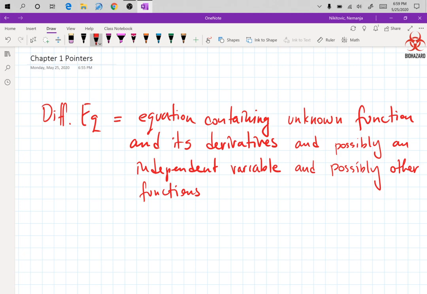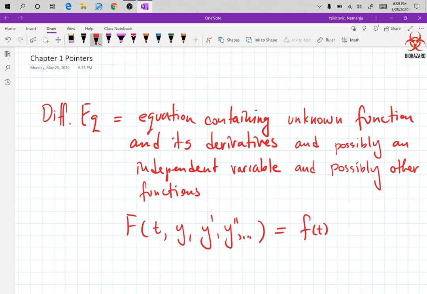So we can denote that as F of t, y, y prime, y double prime, three dots, equals maybe some function f of t or g of t. So capital F and lowercase f are not the same.